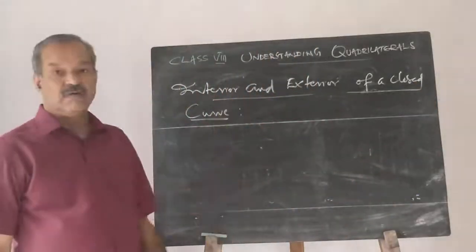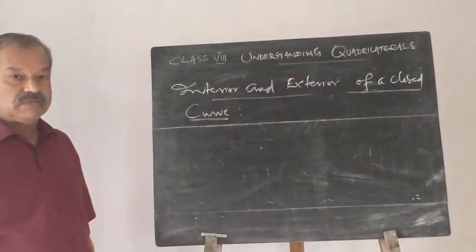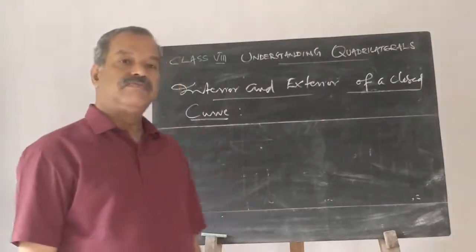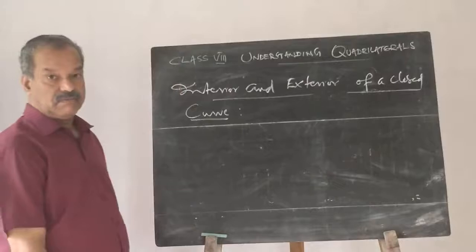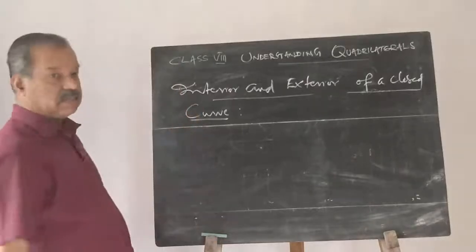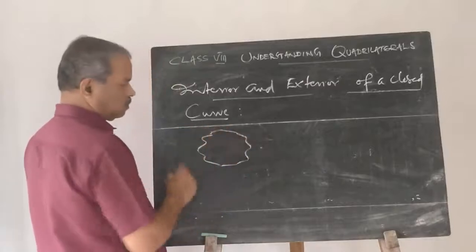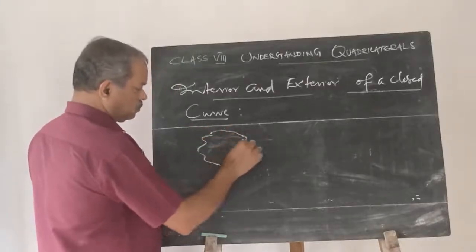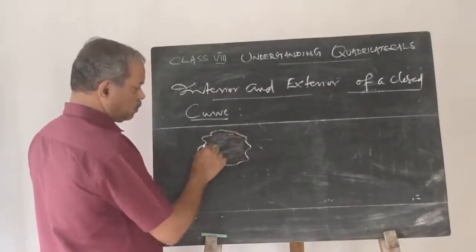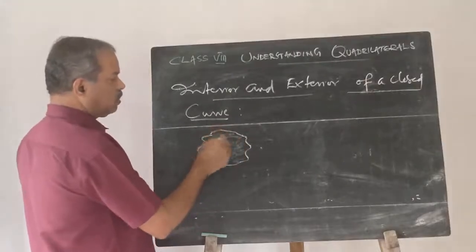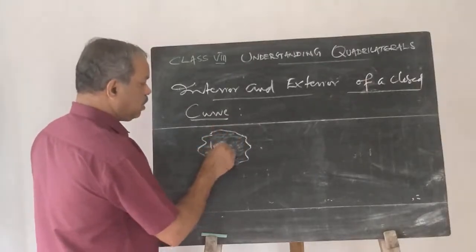Interior and exterior of a closed curve. We are familiar with the interior of a figure or the exterior of a figure. See this. This portion of this closed curve is the interior.